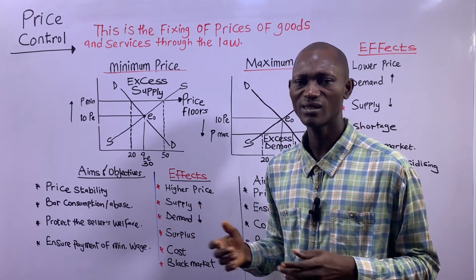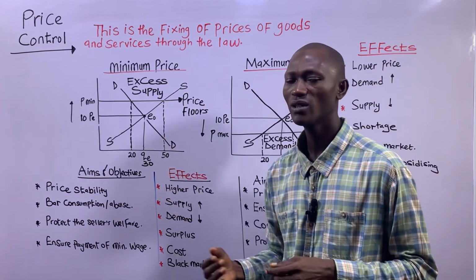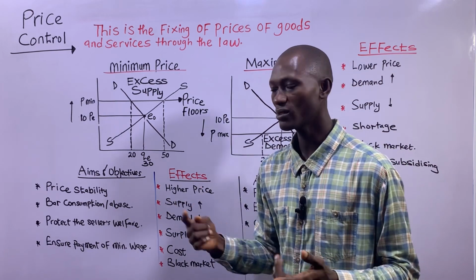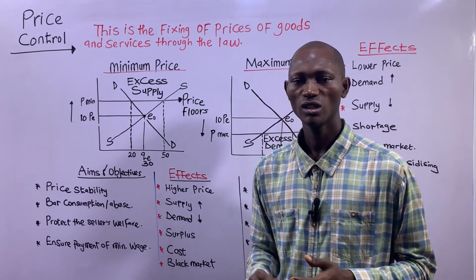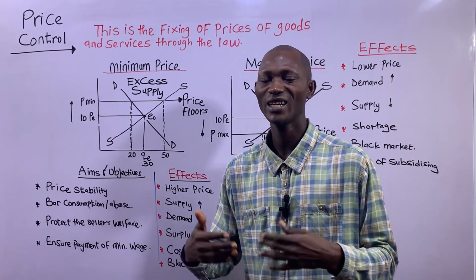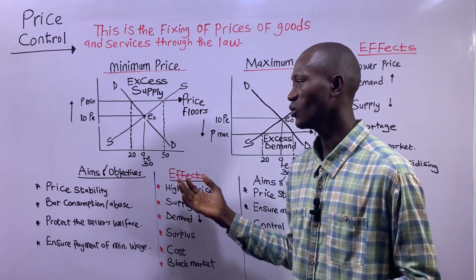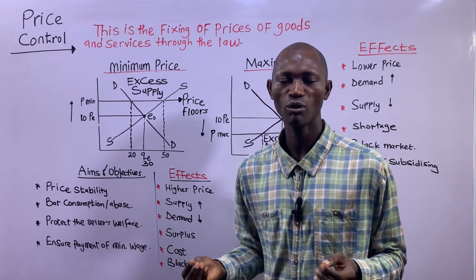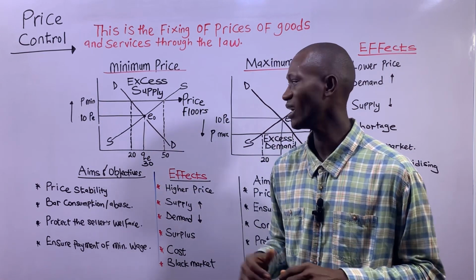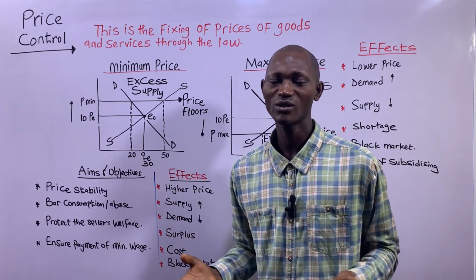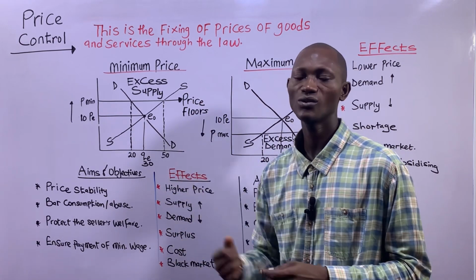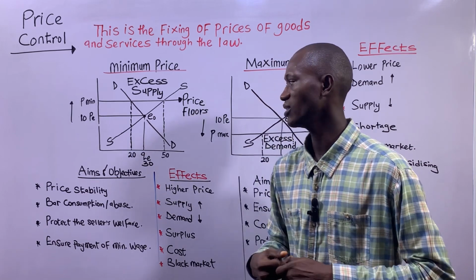Those are instances in which we could have minimum price legislation enacted. First, we talked about alcohol, to discourage the consumption of alcohol or goods that are damaging to health generally. Then minimum wage policy is also in line with minimum price legislation, and also the case of BRT bus fare follows the minimum price legislation.